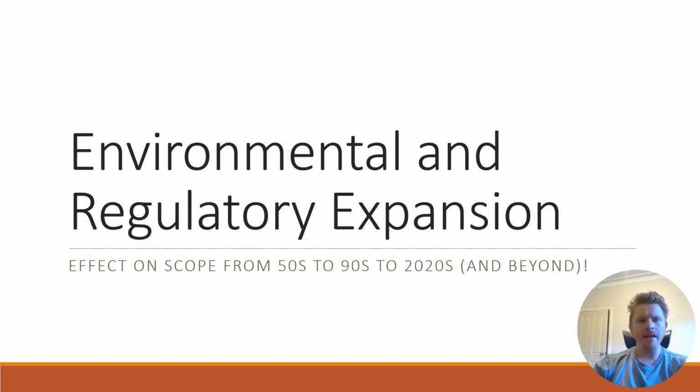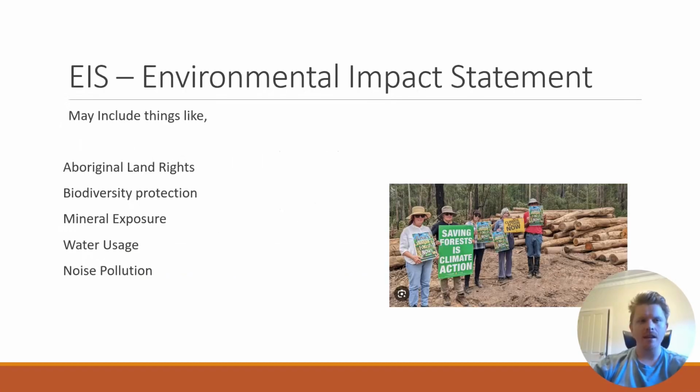Another major factor influencing the scope evolution of the Western Sydney Airport project was environmental and regulatory expansion. In the early planning stages during the 40s and 50s, environmental considerations were far less regulated than they are today. Modern infrastructure projects now require extensive environmental impact statements, or EIS reports, before construction can proceed.